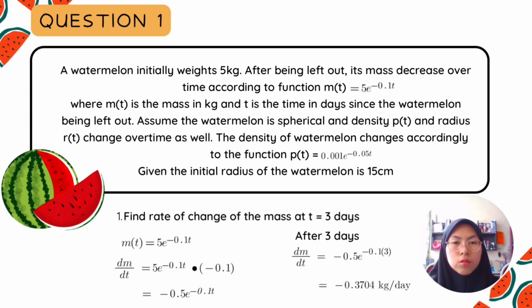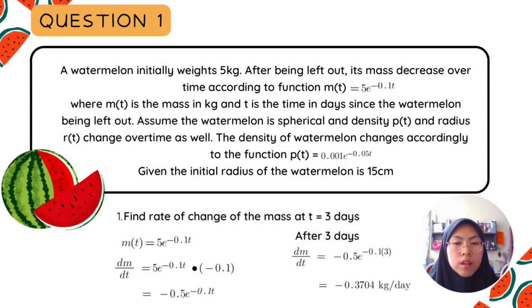For the first step, we take the function given from the statement, which is 5e^(-0.1t), and we differentiate this function. After that we get the answer -0.5e^(-0.1t). Because the question asks about t = 3 days, we substitute the value of t = 3.